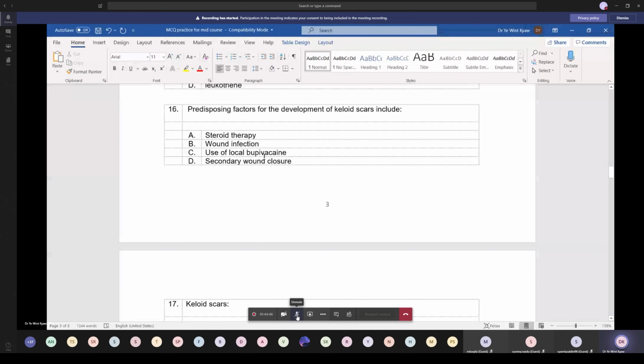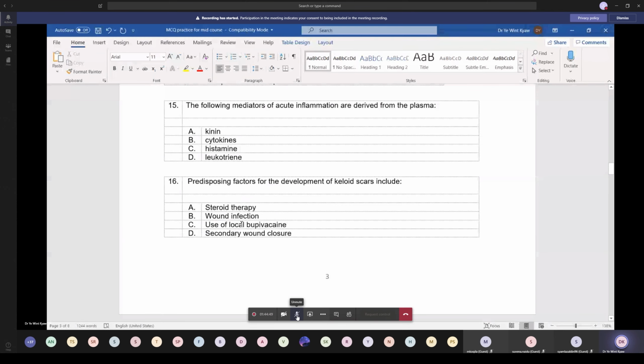Do not rely on this answer. Sometimes the answers are not right: wound infection can be true, fibrosis can be false, and secondary wound can be true also sometimes. So it is a little bit controversial. Just see keloid scar from this question, quite a little bit controversial, not too correct.